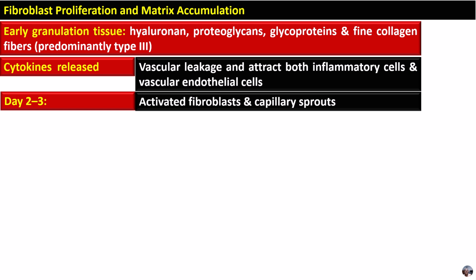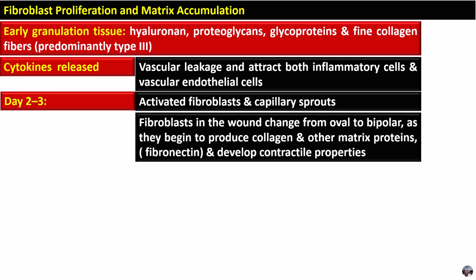Then there is activation of the fibroblast that occurs 2 to 3 days after the injury. The morphology of the fibroblast changes from oval to bipolar or spindle shaped, and the collagen production is started.